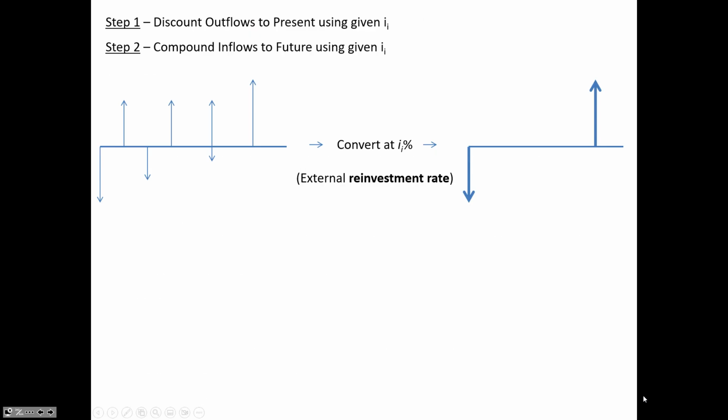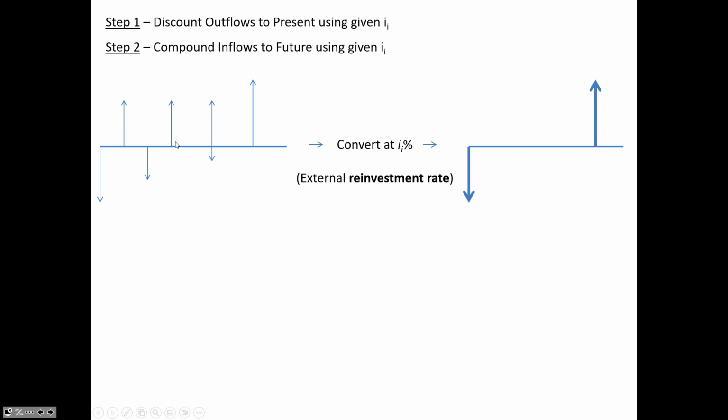What you do is take all of the outflows, so that's the money that you pay, and take it to the present. See these 1, 2, 3 arrows? All of that amount you take to time 0, using the external reinvestment rate. And then all of the inflows, the ones on top of the diagram, get compounded to the future, and that's what this arrow is.